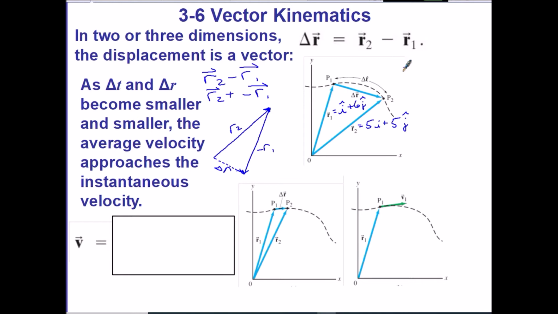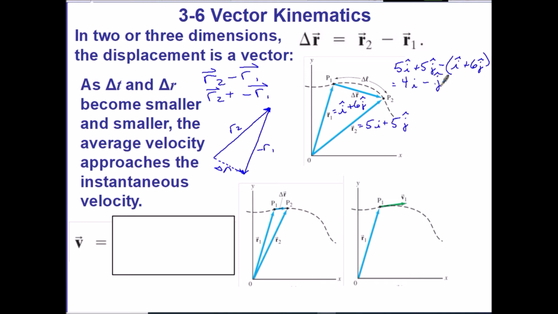So R2 minus R1 is 5i hat plus 5j hat minus, and then just like I do in my algebra classes, I'm going to put a negative out in front there and then just distribute that as I do that mathematically. So 5i minus i would be 4i, and 5j minus 6j is minus j.